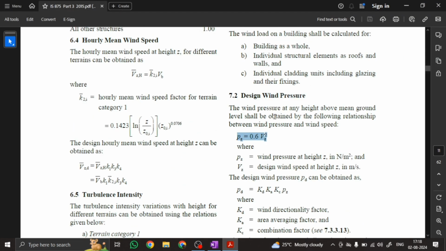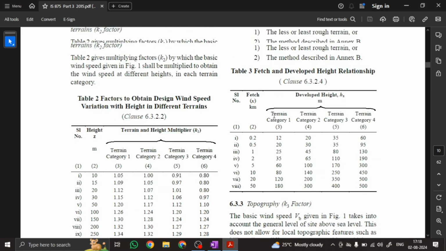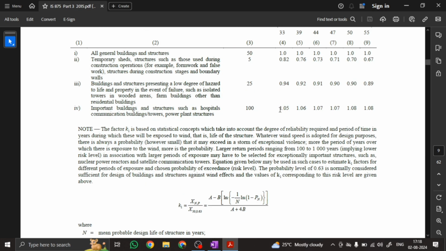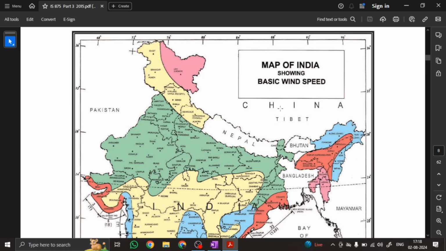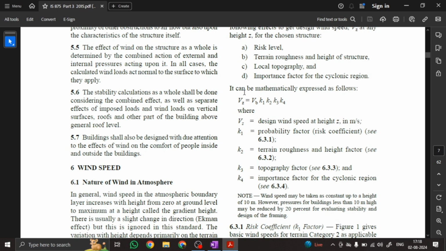Now what is the formula for this VZ? How to find out VZ? I think it's on page number 5 or so. Yes, here it is.